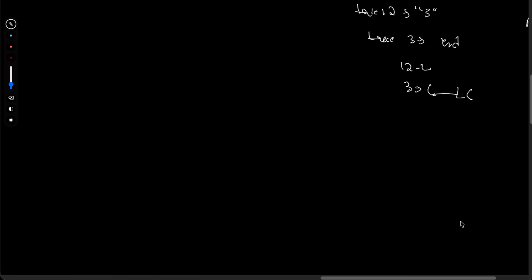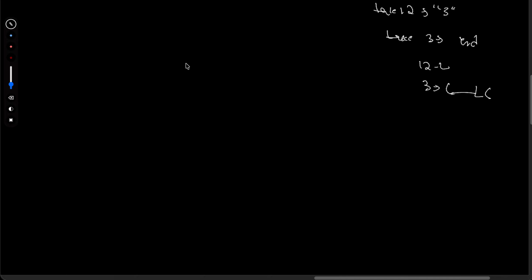Okay, let's take another example. If we have 101. So 10 is J and 1 is A. See, 0 alone is invalid.